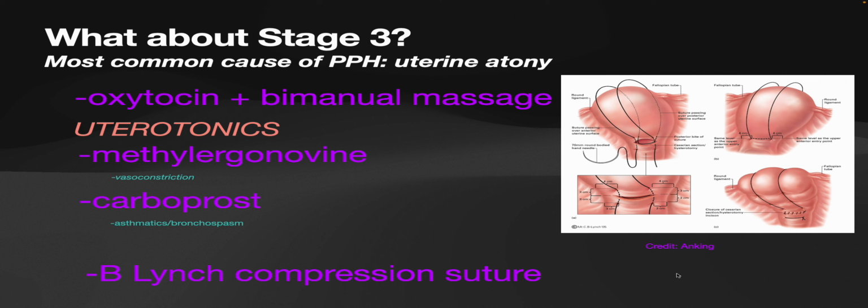Carboprost, good old PGF2 alpha, is another uterotonic that is often used and induces smooth muscle contraction and spasm of the uterus in an effort to halt the bleeding. This is contraindicated in asthmatics, obviously because bronchospasm would directly worsen an asthmatic's symptoms.